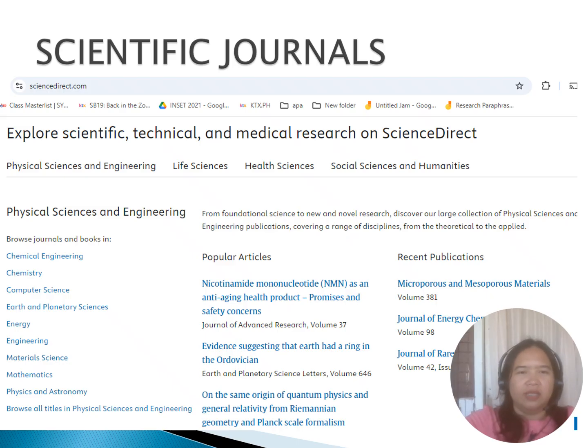You can search the net for scientific journals, and these published journals are what you should be using when you're writing your research. Wikipedia, news, and YouTube are not allowed. You have to use journals when you write your research. You can go to ScienceDirect, ResearchGate, etc.